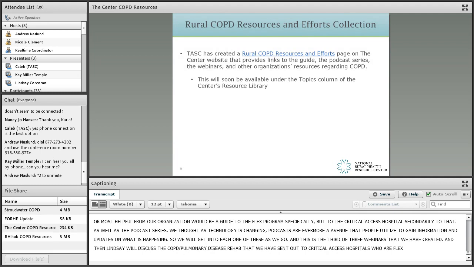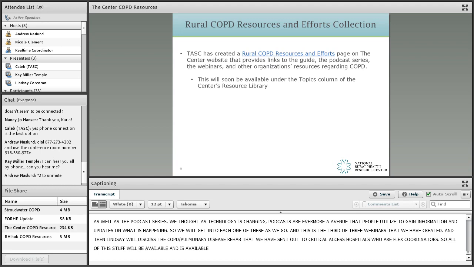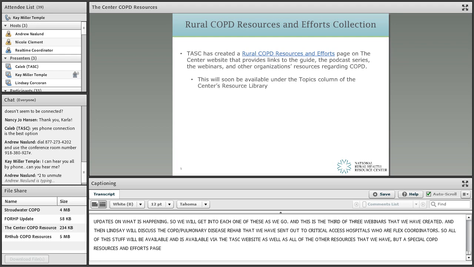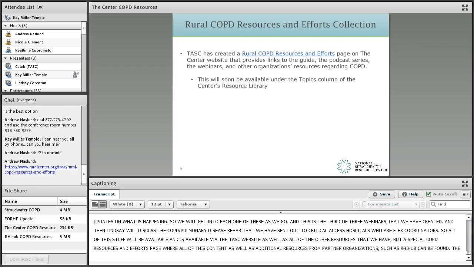So all of this is available via the Tasc website, as well as all of the other resources. But we have a special COPD resources and efforts page where all of this content, as well as additional resources from partner organizations such as RHI Hub, can be found. The National Action Plan is available there for download and review.